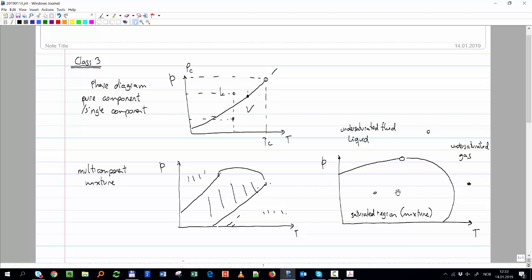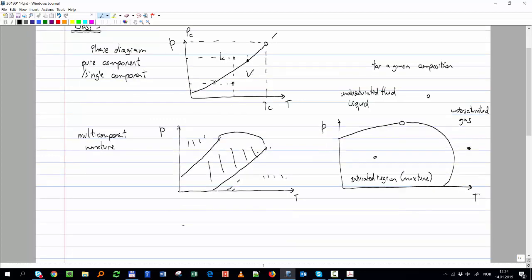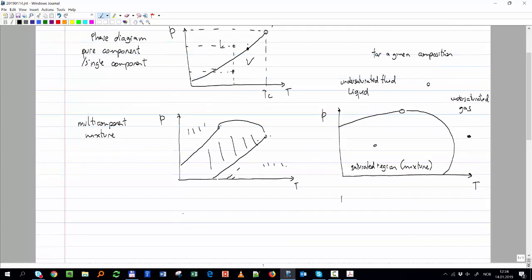The other thing is that this diagram is made for a given composition. If I have any other composition, any other percentage that I'm mixing all of these components, the phase envelope, that's what I call the phase diagram or the phase envelope, is going to look completely different, depending how much I have.